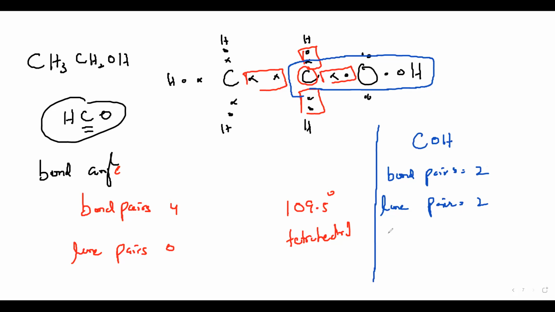So 2 bond pair, 2 lone pair, it will be bent or V shape with a bond angle of 104 degrees. Is it clear? If you have a long chain molecule, then it depends on the question which part of the chain they want the bond angle for, as it varies from one part of the chain to another. Is this example clear?